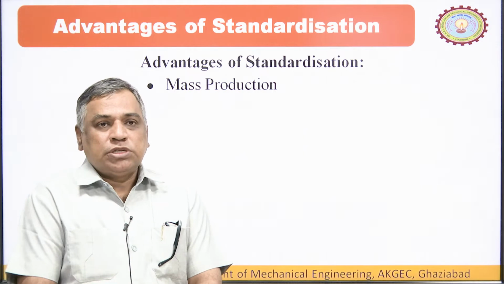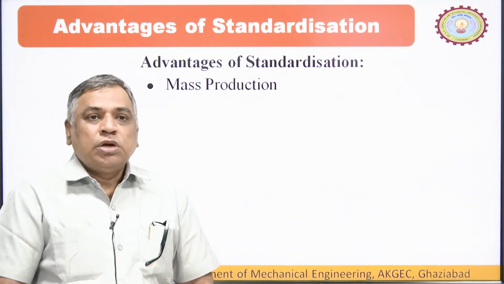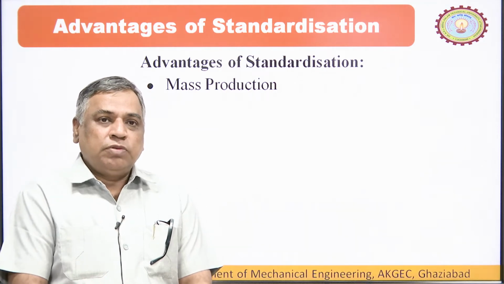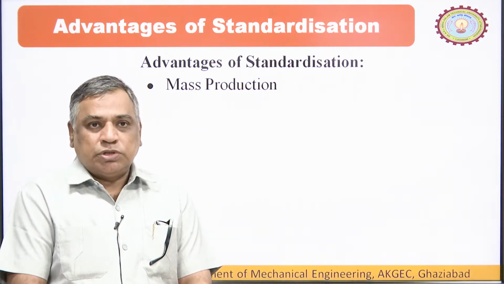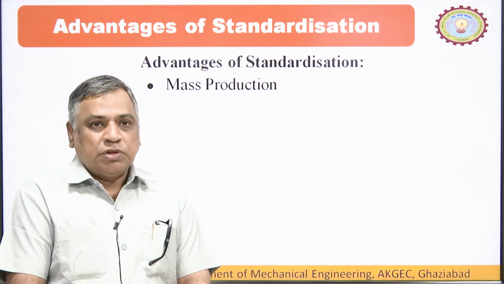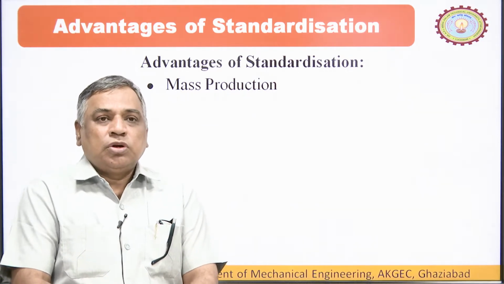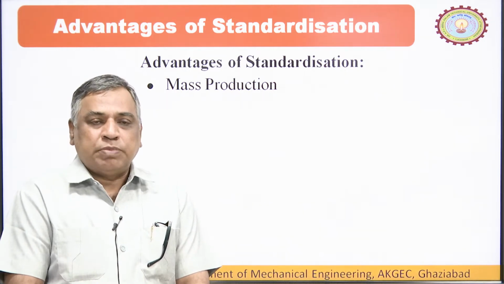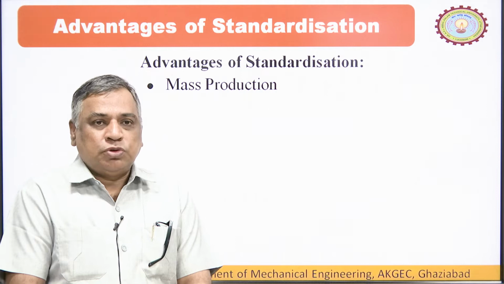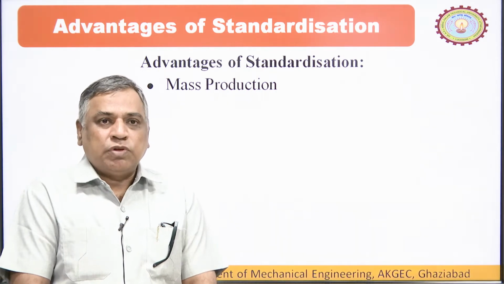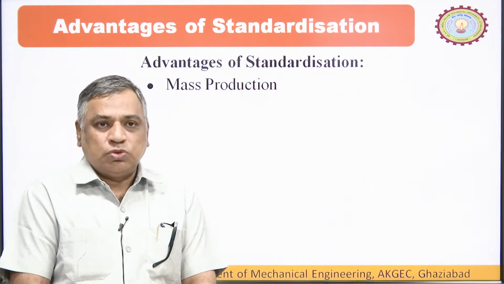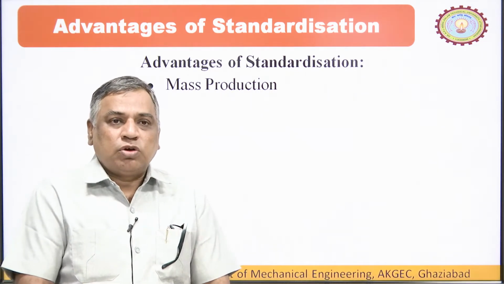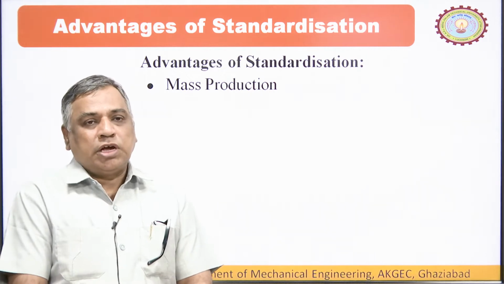In mass production, the same arrangement can be used to produce the product, and mass production is possible for standard items. If someone asks me for 10 products and they are standard in size, shape and material, then I can plan to produce 20: 10 I will provide to the consumer, and 10 I will keep in my stock, in inventory, and whatever demand comes later I can provide.